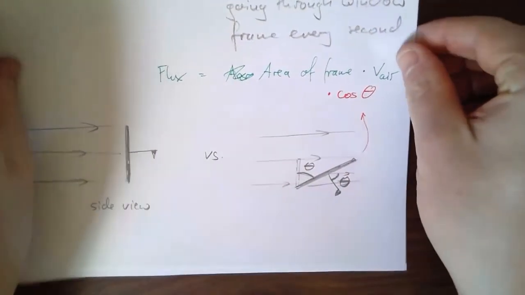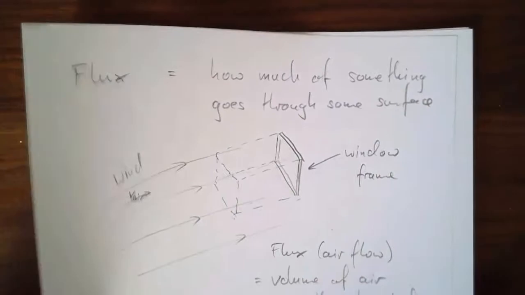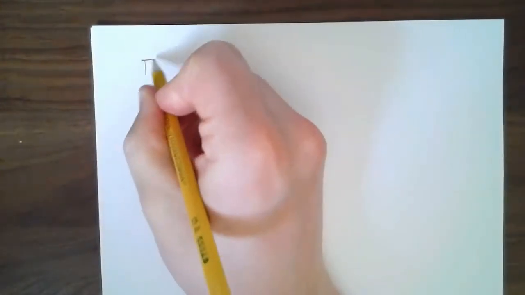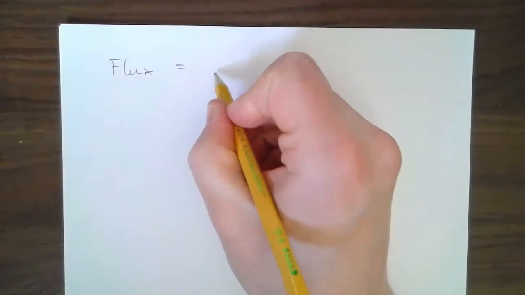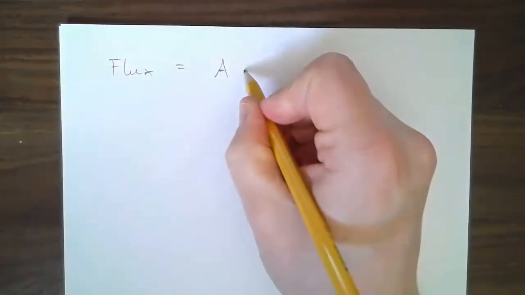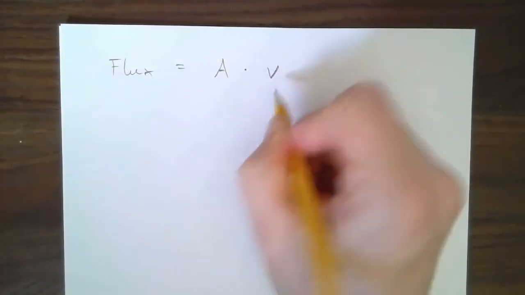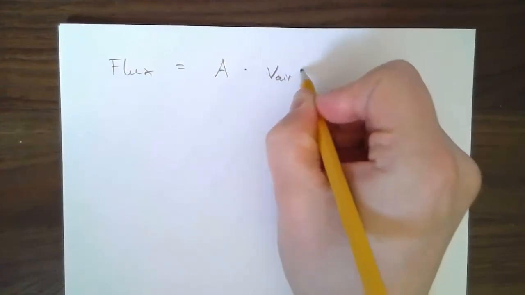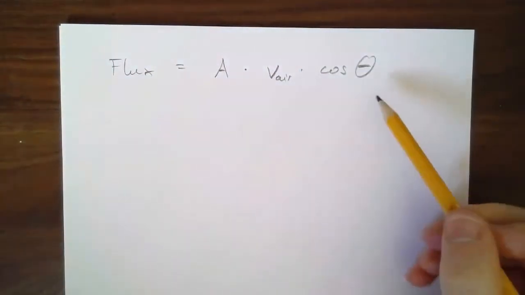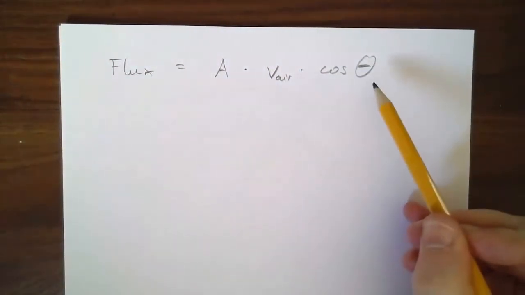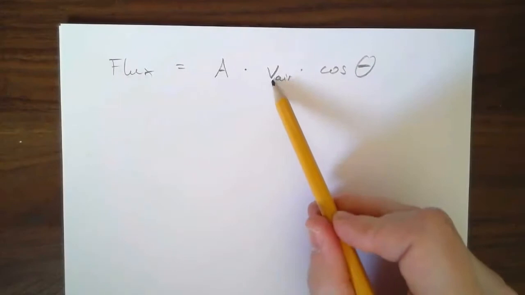Okay, now let's rewrite this in a somewhat more convenient way. So I've got that the flux is the area, let's call it A, times the speed of the air times the cosine of the angle between the flagpole and the velocity vector.